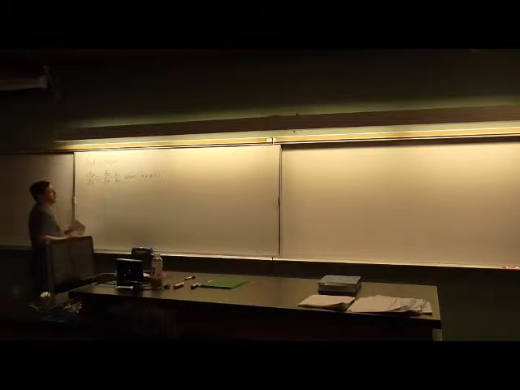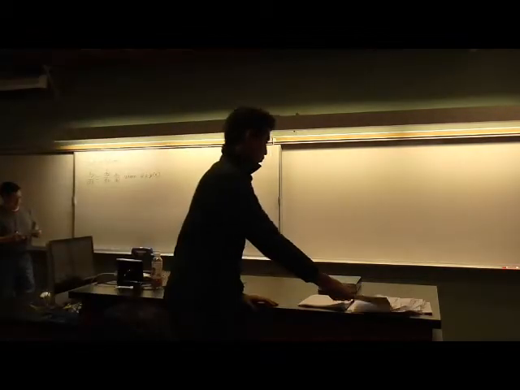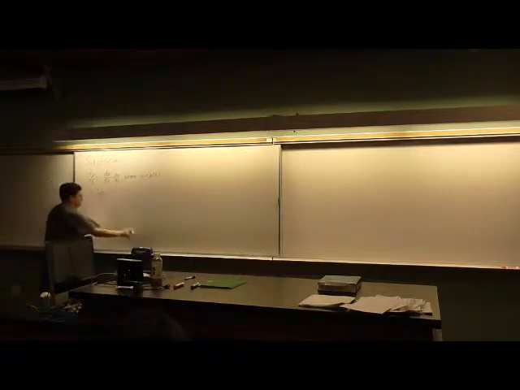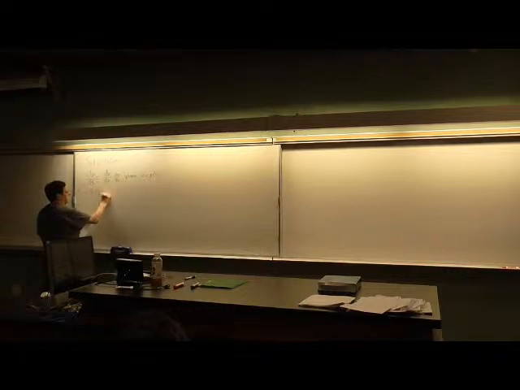Because it's easier to see this using the Newtonian notation, I'm going to write it in the Newtonian, which is I have some f of g of x, that's f of u, and I want to find the derivative.